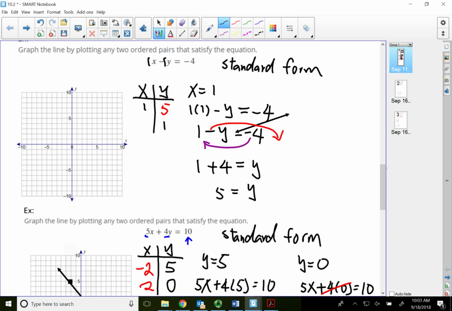Let me just pick y to be 0 this time. When I pick y equal to 0 and substitute, that's x minus 1 times 0 equal to negative 4. And as you know, negative 1 times 0 is 0, so that term is gone. So x is simply equal to negative 4.